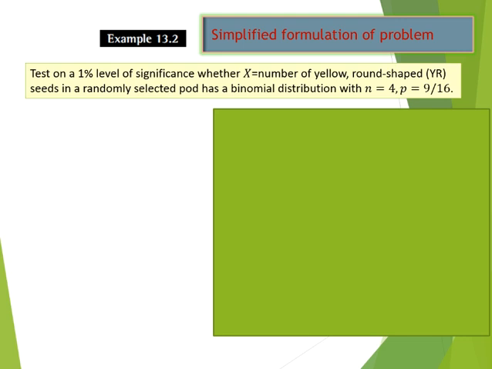So, given this simplified formulation, you have to test whether some variable has a binomial distribution instead of a Poisson that we had previously. We're given the two parameters for the binomial.